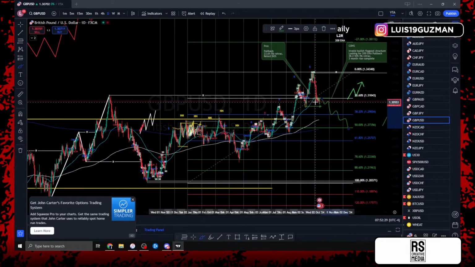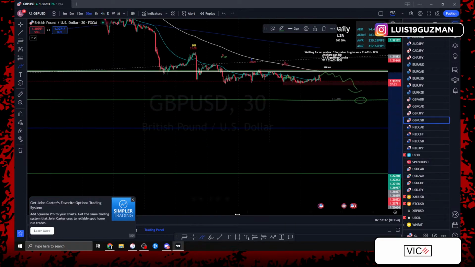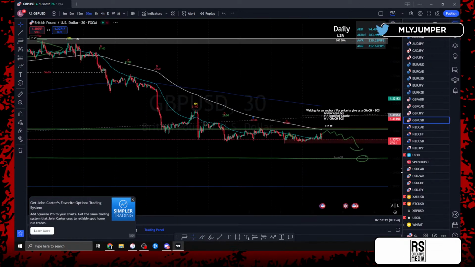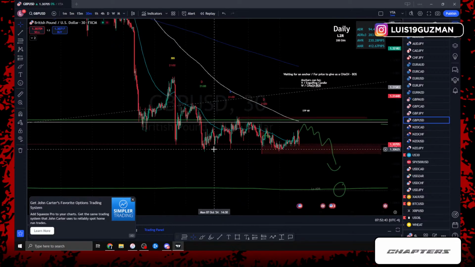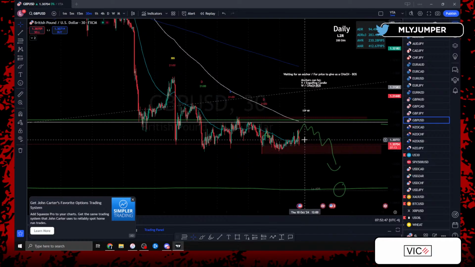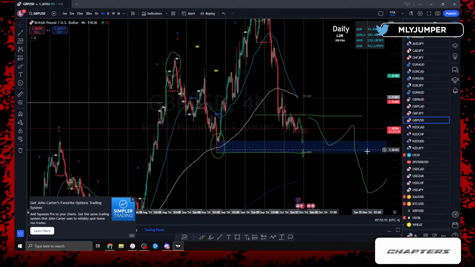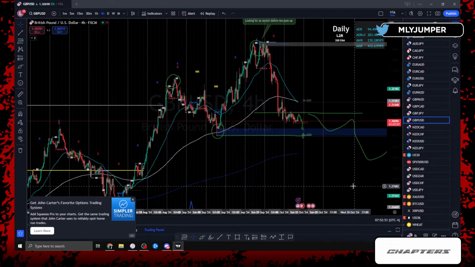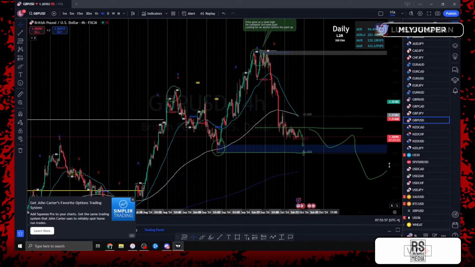For the last couple of days, price has just been moving sideways down here, which when we go to the 30-minute time frame, we could see is still giving us lower lows, just moving sideways, nothing too crazy, right? In the one-hour you could see a lot more clearly the higher high and the higher low, right?